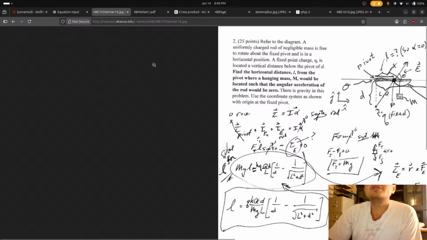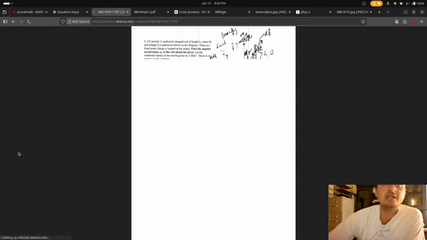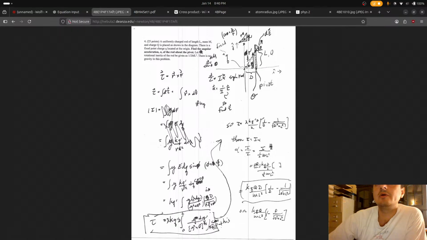I mean, we haven't talked about charge being able to be anything but a point charge. There's no way that this is on there.